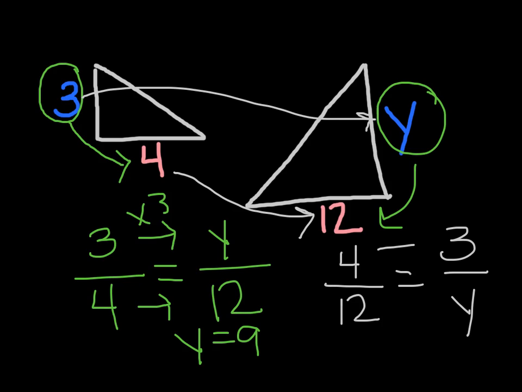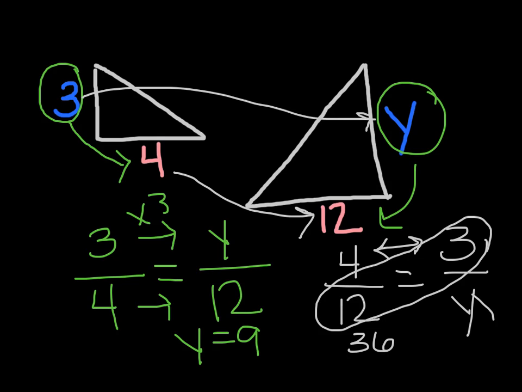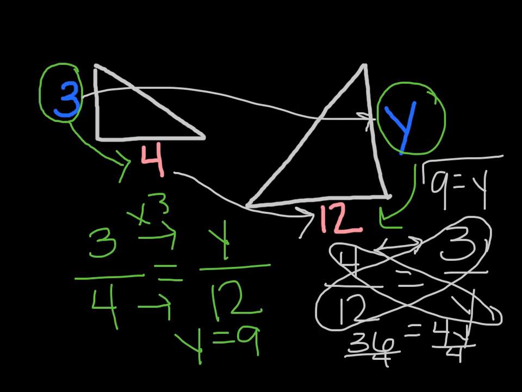There is no easy relationship between 4 and 3, but you could solve that using cross products, where 12 times 3 is 36, and 4 times y is 4y. Divide both sides by 4, and you get a side length of 9, which is exactly what you had solved setting it up the other way. You just need to be consistent with your placement, either vertically or horizontally. Matching pieces either need to be lined up vertically or horizontally.